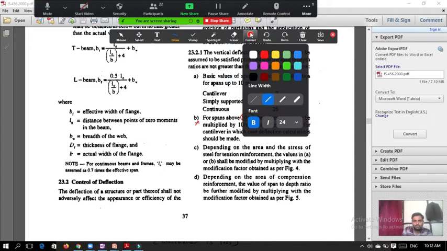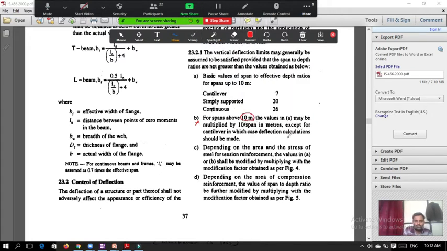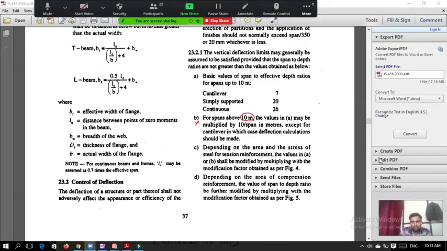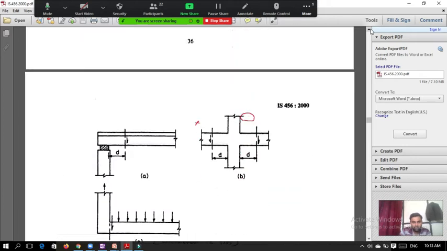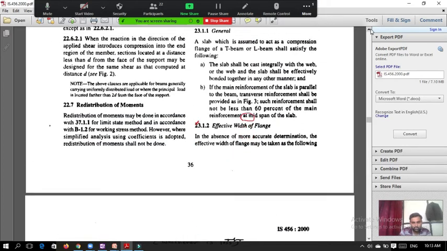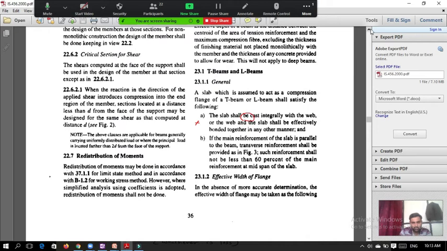So now here we will come to, just a minute, mouse is not working. After seeing this clause, we will move to our slide now, and there we will see how it is applied.